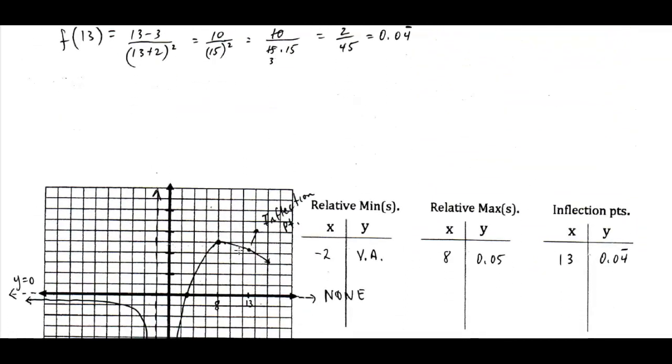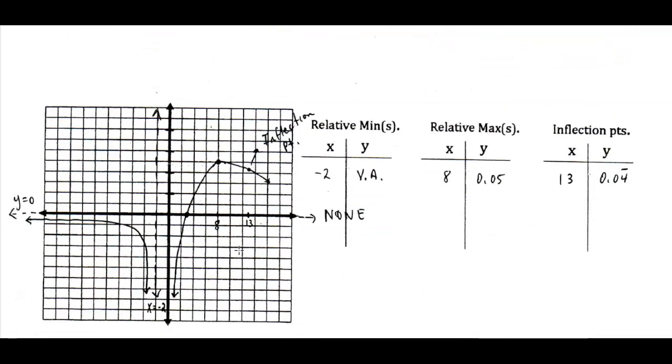And then from that, we just use the chart. And this chart will help us to not only figure out where our relative min, relative max, and inflection points are. And of course, we knew about the, I guess the relative min part is really a vertical asymptote, so this really doesn't count here.